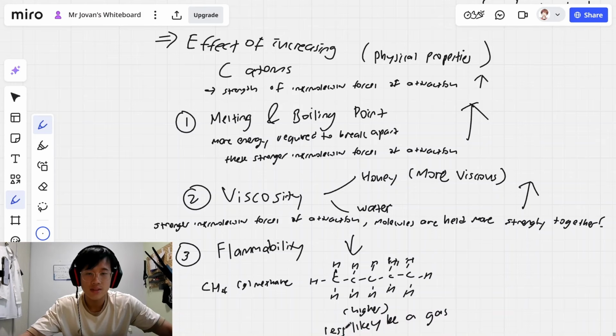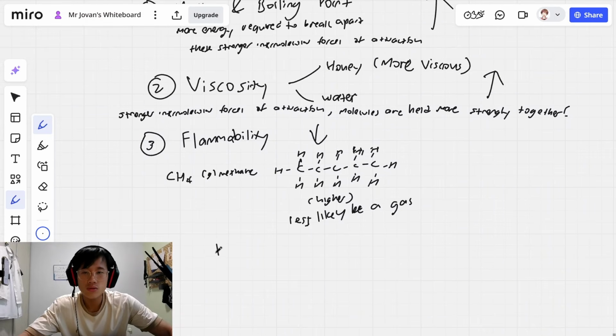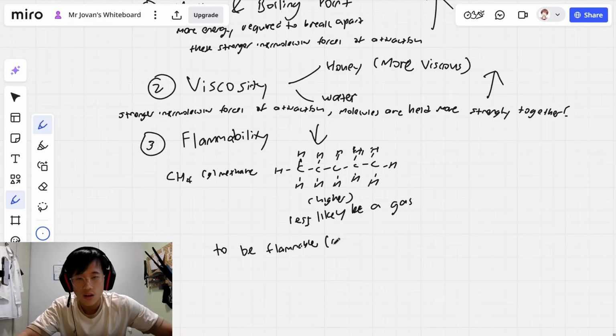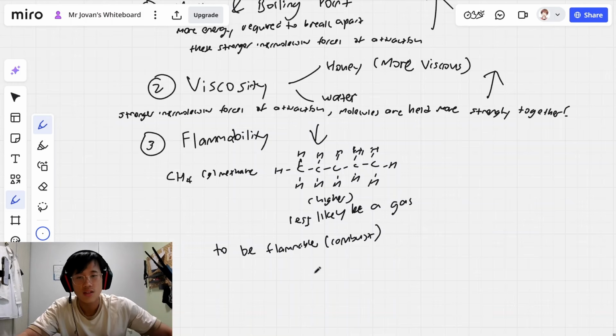And if it's less likely to be a gas, it is less flammable. Why? I'm going to go deeper again. Because to be flammable, or another word, combust. You remember what we learned? Combust, that's oxygen.